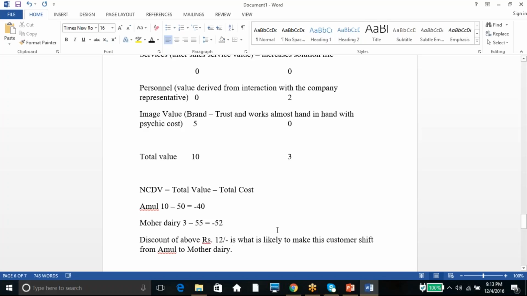And this will probably be quite accurate. So if you come out with accurate figures here, whoever customer comes out with this is going to definitely shift if the discount of 12 rupees comes. So that's how you have to do the NCDV.